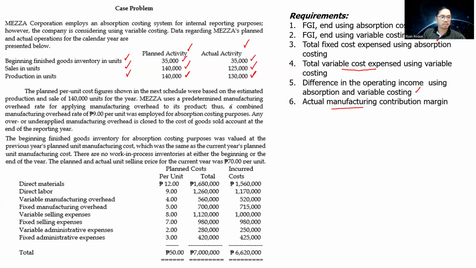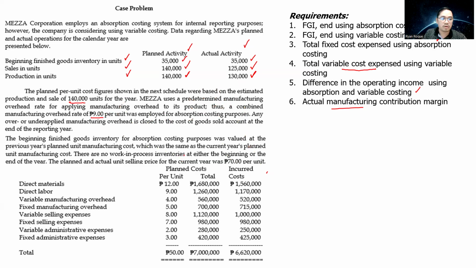The planned per unit cost figures are shown in the next schedule at the bottom part of your screen. These were based on the estimated production and sale of 140,000 units for the year. Mesa uses a predetermined manufacturing overhead rate for applying manufacturing overhead to its product. Thus, a combined manufacturing overhead rate of 9 per unit was employed for absorption costing purposes.